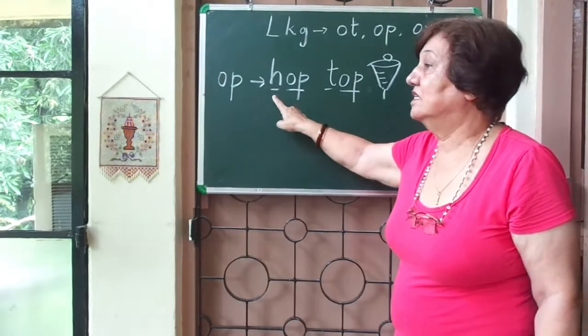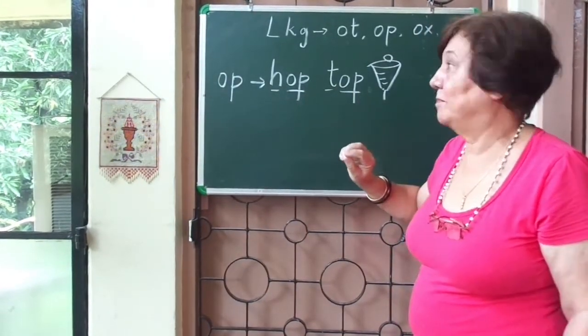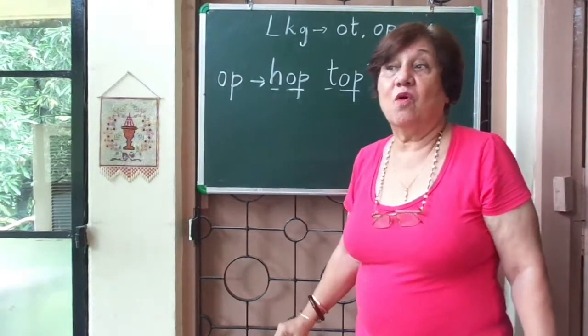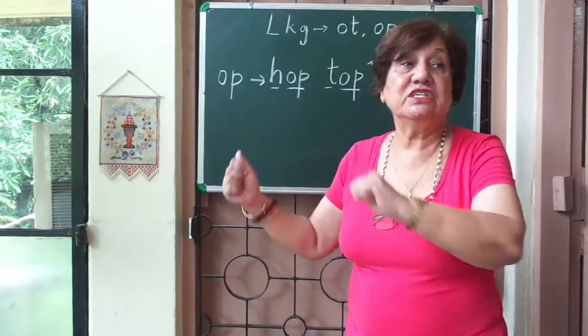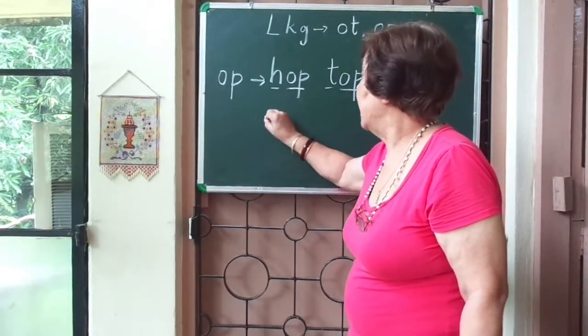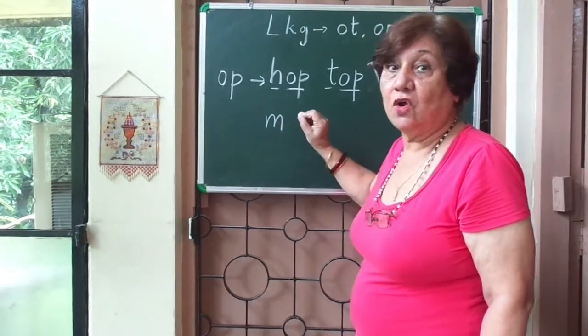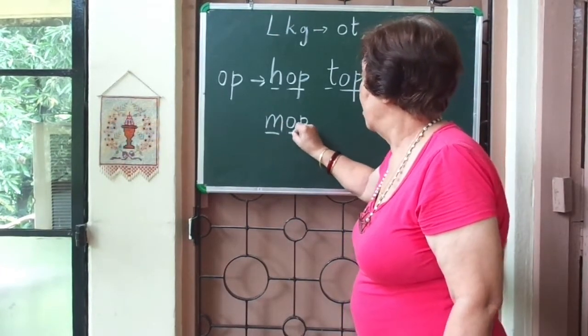So we learnt hop, top. And in the morning, when the maid comes, what does she do to the floor? She mops the floor. And how? Who says ma? M says ma. And op, O-P, op. Ma, op.